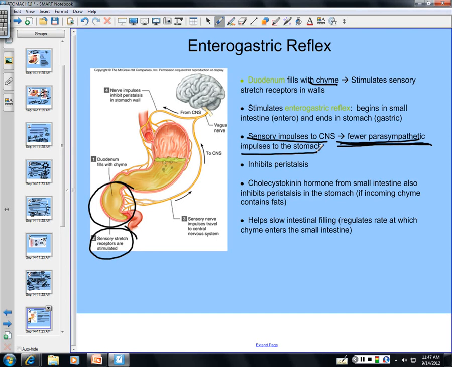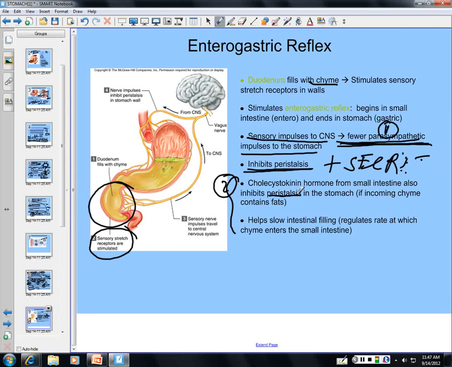So now both motility and secretion will stop. Peristalsis stops, and secretion of gastric juices stops. Plus, not only is there a break in parasympathetic impulses, but these two hormones, remember, cholecystokinin and somatostatin, will inhibit peristalsis and gastric juice secretion. We talked about that before, yes?